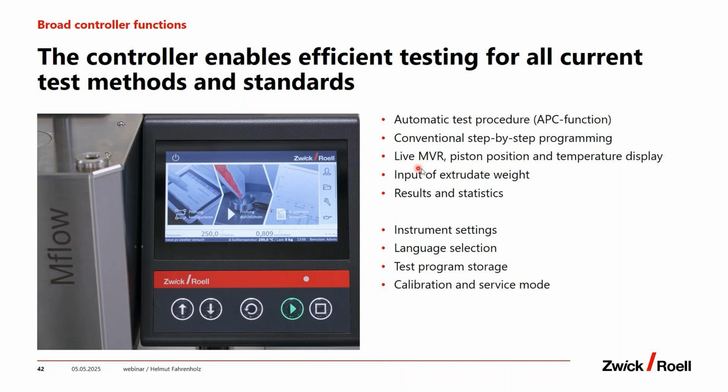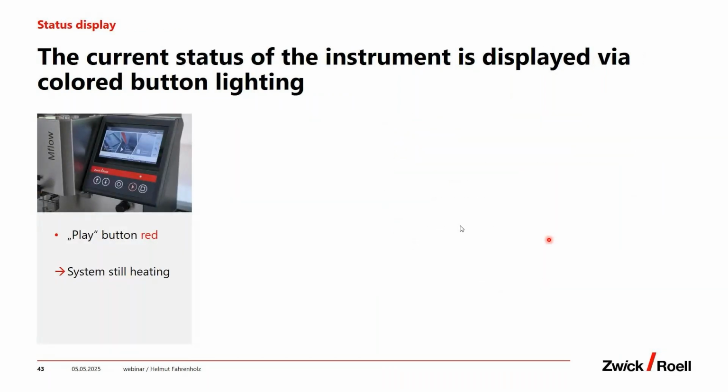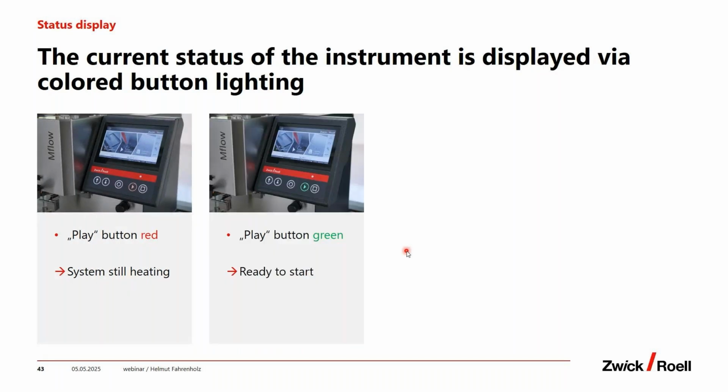You will have this live MVR graphic as I showed you before, and it does everything you need to do proper test procedures according to the standards. There are some indicators. For example, this play or start button, if it is red, means that the machine is not fully heated, so the operator cannot start the machine too early. If it is green, it is ready to start.